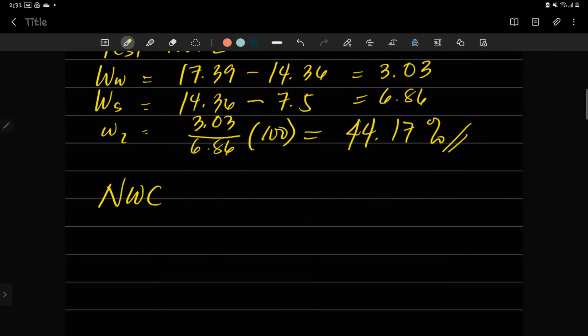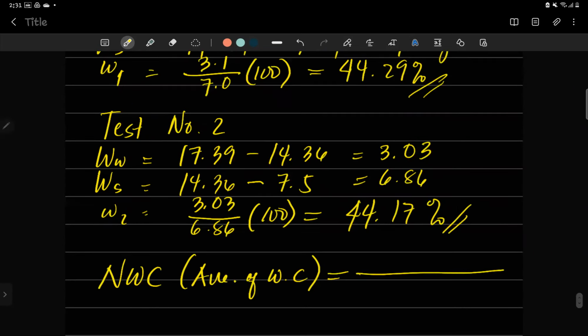So how to solve for the natural water content? Let's denote this as NWC. This is just as simple as the average of the moisture content. So this is equal to 44.29 plus 44.17 divided by 2.